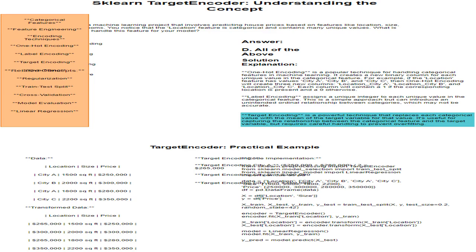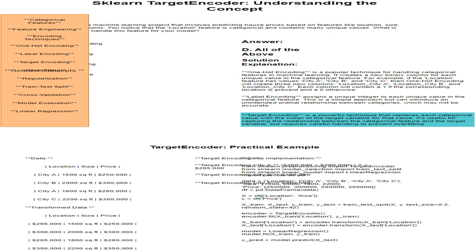If you have a categorical feature called color with values red, blue, and green, you can use one-hot encoding to create three new features: color red, color blue, and color green. Each feature will be a binary value, 0 or 1, indicating the presence or absence of the corresponding color.